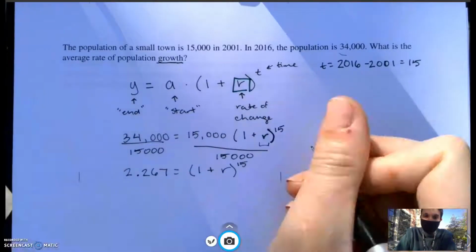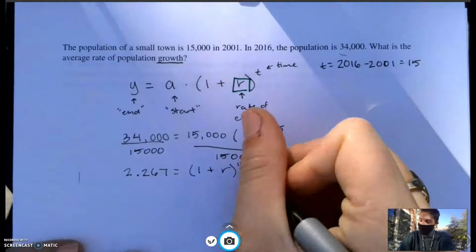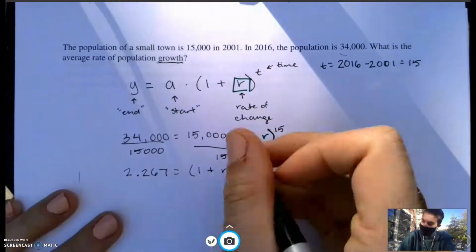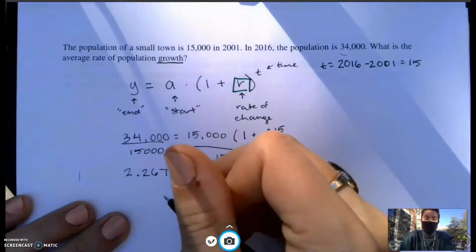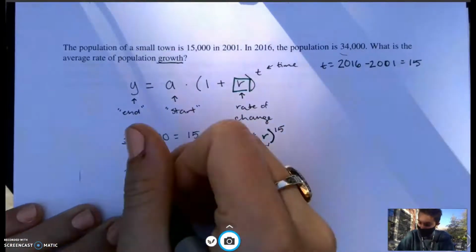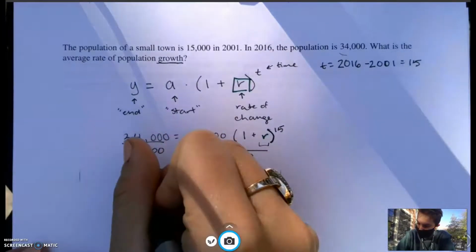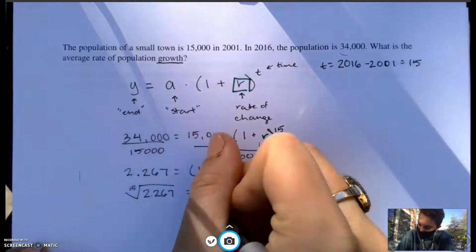How do we get rid of this 15? So, if this was squared, we would take the square root, right? If this were cubed, we would take the cube root. In this case, it's 15th, so we're actually going to take the 15th root of both sides. So we're going to have the 15th root of this guy here equals 1 plus R.